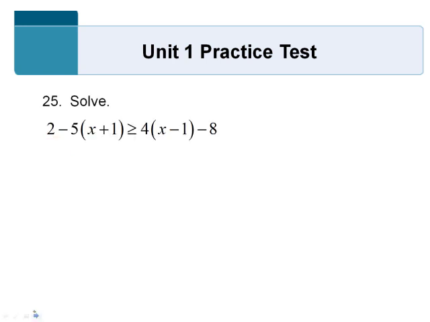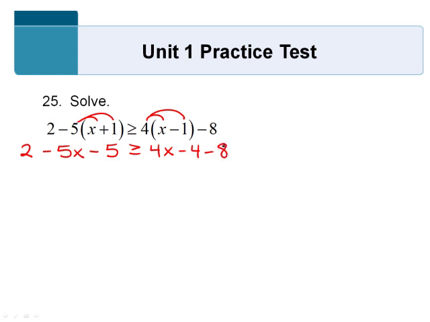Number 25. This is the last one. Woohoo! Okay, so we're going to start, and we're going to distribute negative 5, and we're going to distribute the 4, and everything else is just coming down. So we're going to have 2, and then distribute negative 5. We're going to get negative 5x, and negative 5 times 1 is negative 5. Is greater than or equal to, distribute the 4, we get 4x minus 4 minus 8.